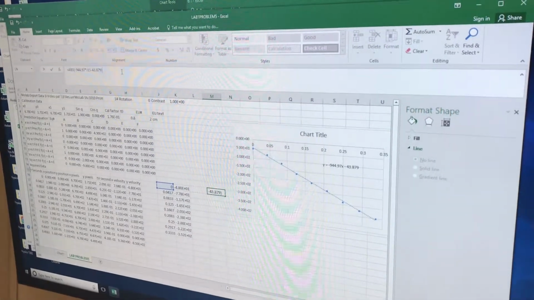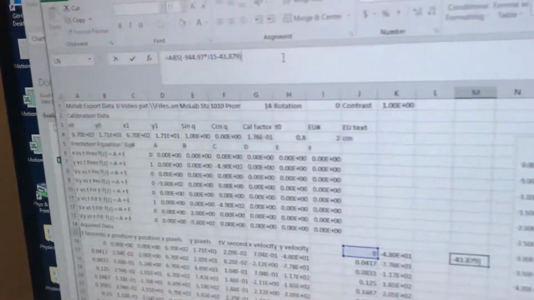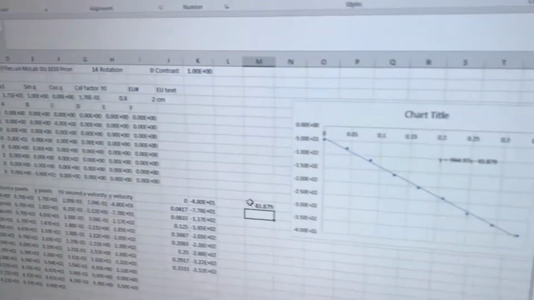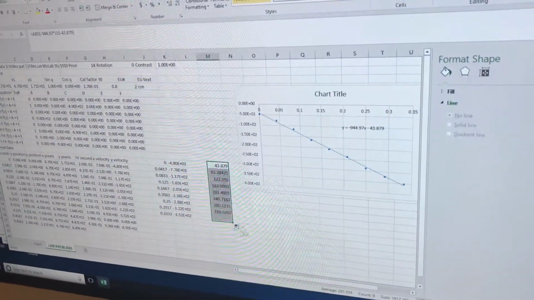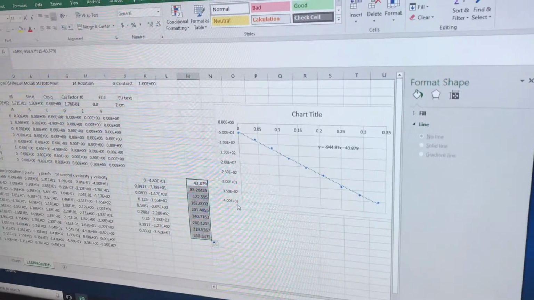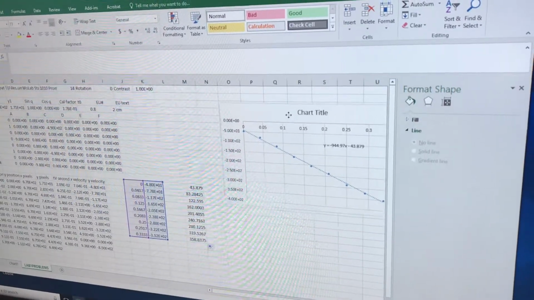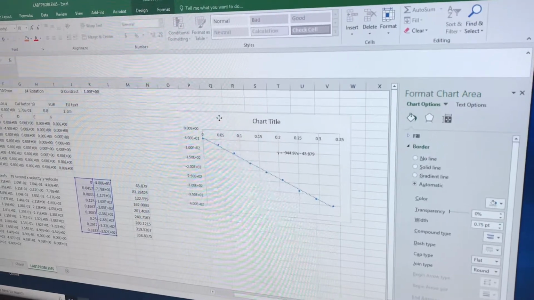So we need to make this the absolute value because it can be under, but that's still a positive difference between the fit line and our data points. So we'll put it down there, and then all we need to do is drag this down, and we get the quote-unquote expected values for all of that which corresponds to our fit line.